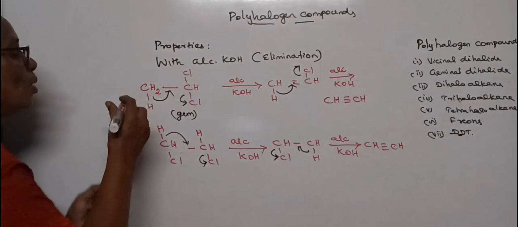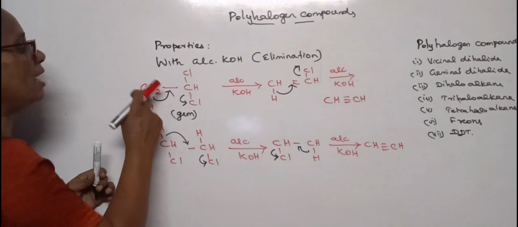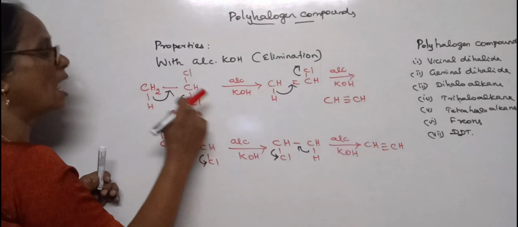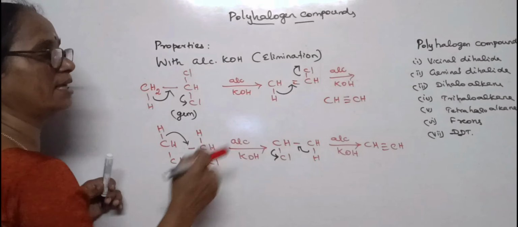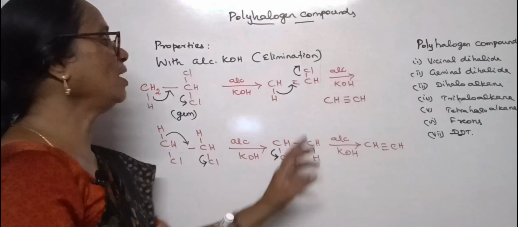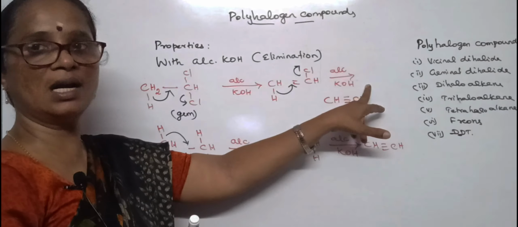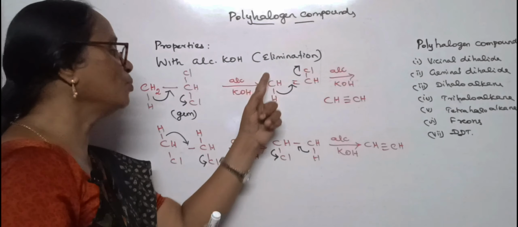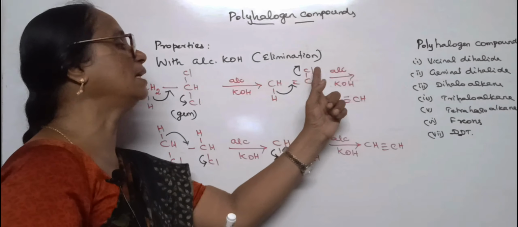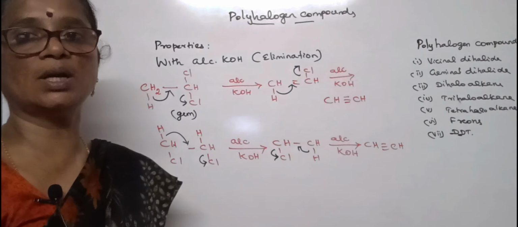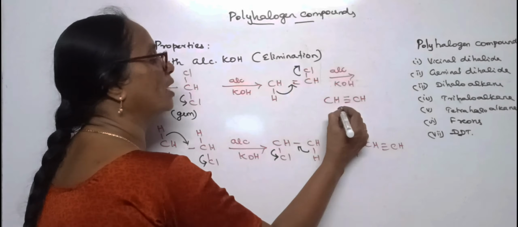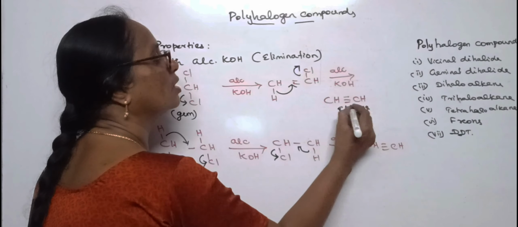One of the hydrogens from this methyl moves towards the halogen, and hence HCl is removed. So CH2=CHCl we will get. Successively, with another molecule of alcoholic potassium hydroxide, one more hydrogen from this carbon is eliminated with the halogen. So the double bond is converted into a triple bond. So we are getting the product ethyne.